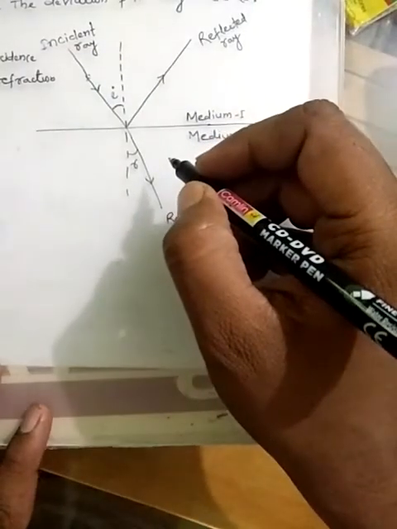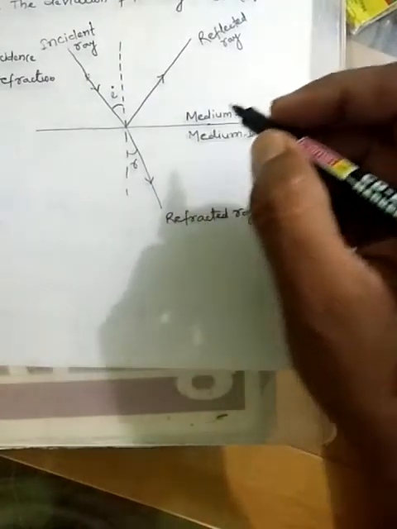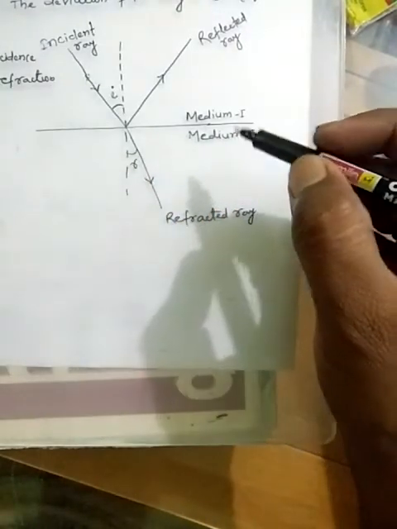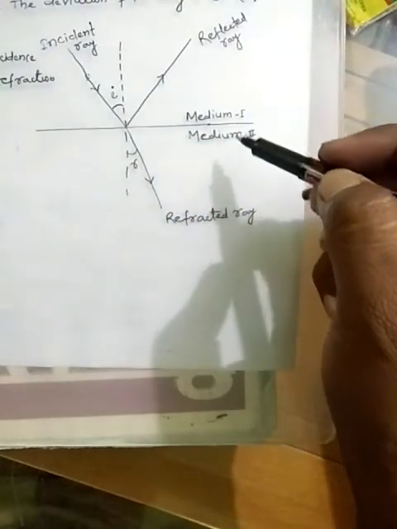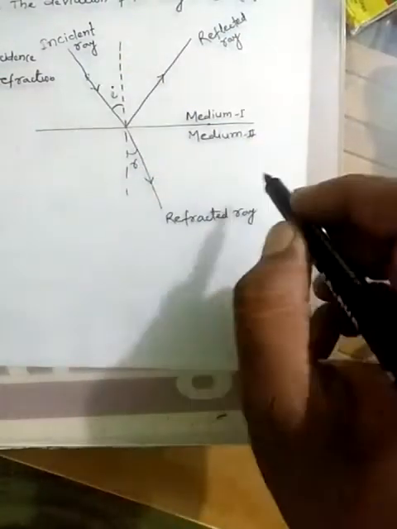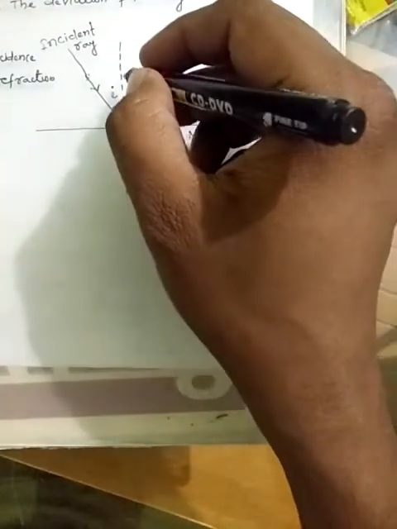Here is the diagram related to refraction. This is the partition line or boundary between medium 1 and medium 2, and on this horizontal boundary line a normal is drawn.